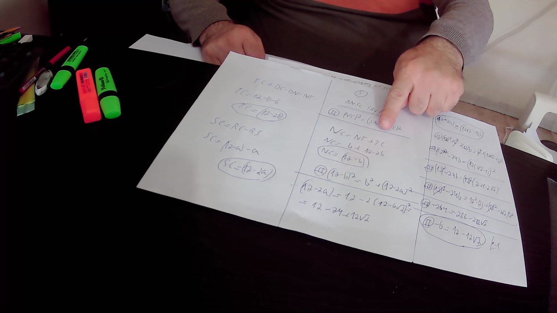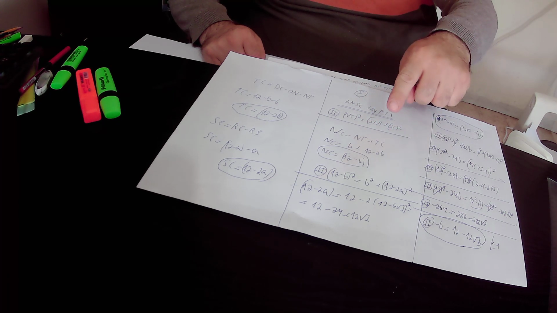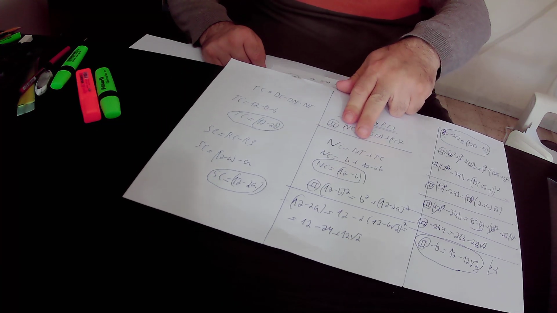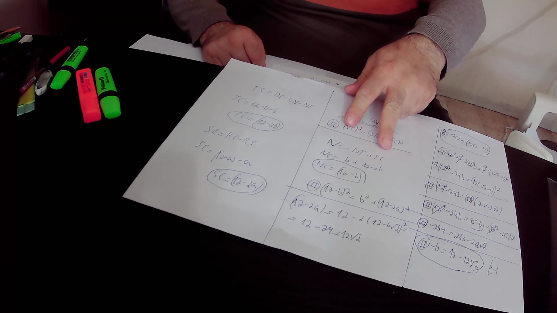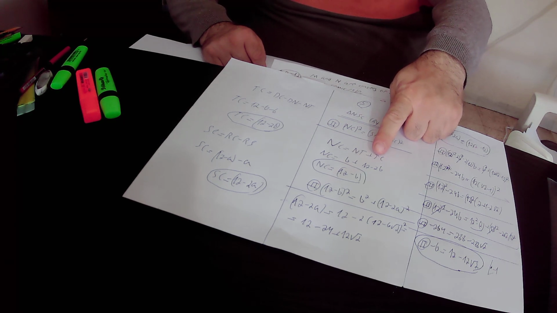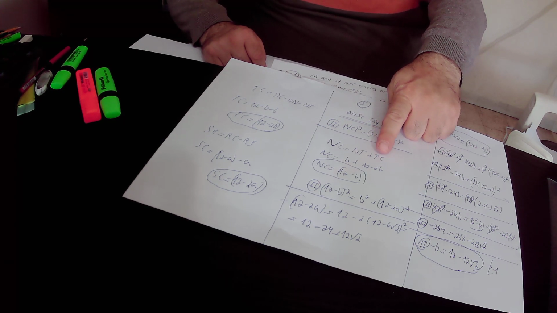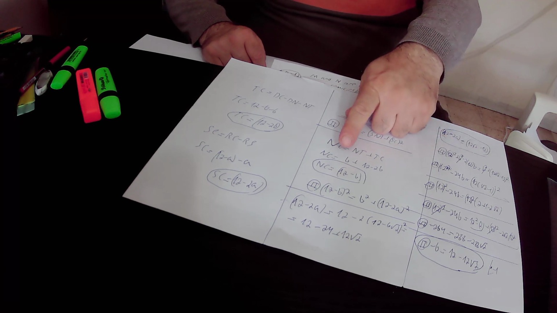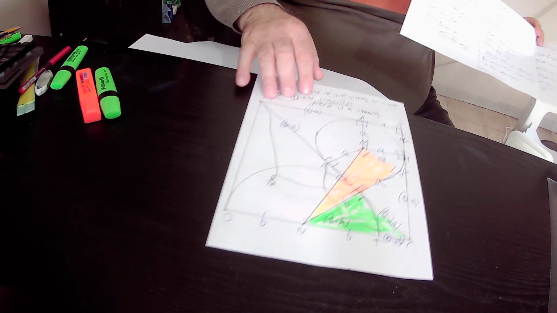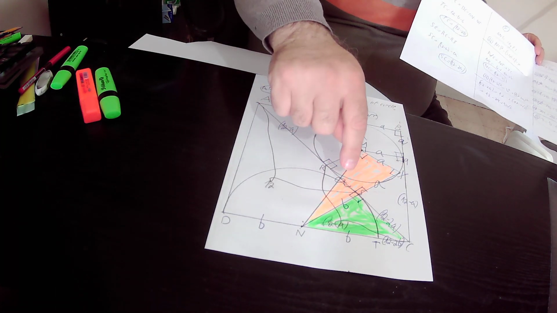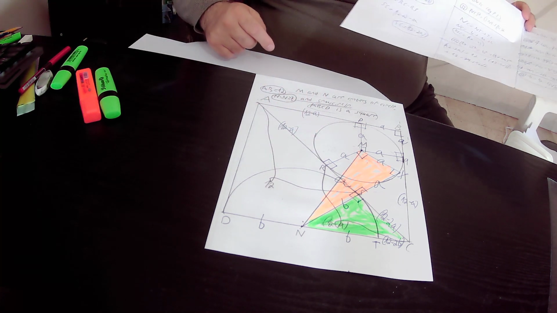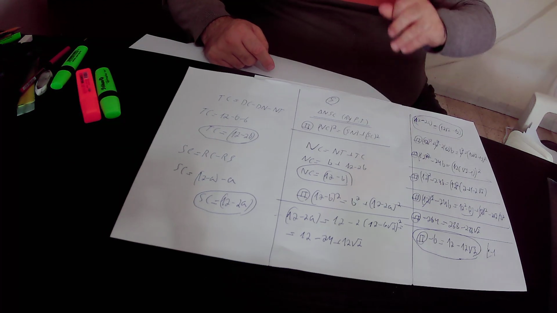So NC equals 12, and B minus 2B is minus B. So in conclusion, NC equals 12 minus B, and according to the Pythagoras theorem, NC squared equals SC squared plus SN squared in the right triangle NCS, the green right triangle.